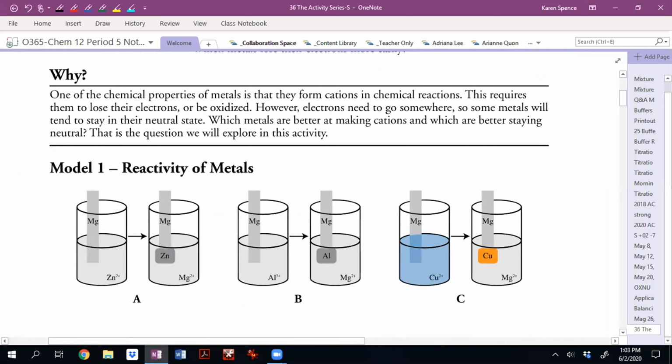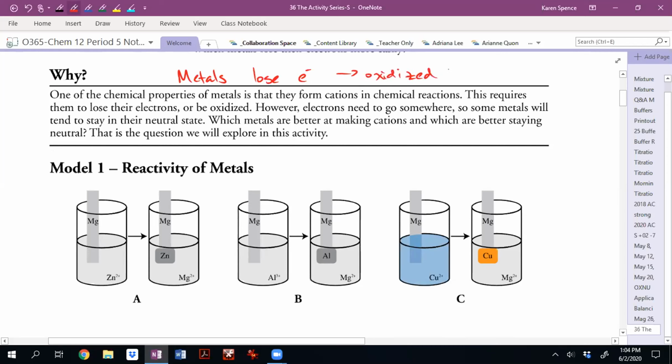One of the chemical properties of metals is that they form cations in chemical reactions. This requires them to lose their electrons or become oxidized. So metals lose their electrons and they get oxidized.